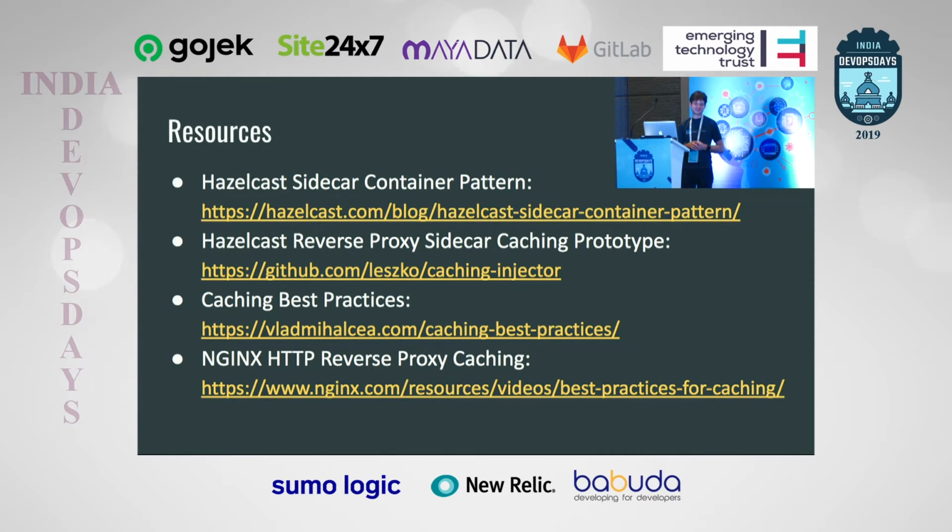Don't use it in production, because it's just a proof of concept. The third is about caching in general. It is a very good blog post about caching patterns that you should follow. And the last one is a very good video talk from Nginx about their solution, the HTTP reverse proxy. I really recommend watching this.